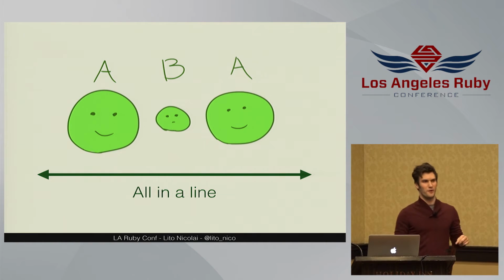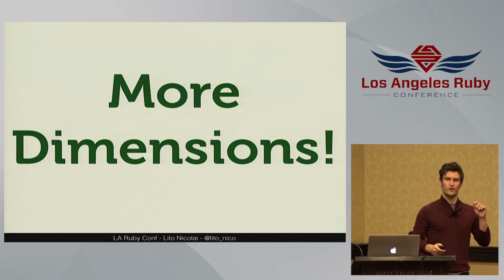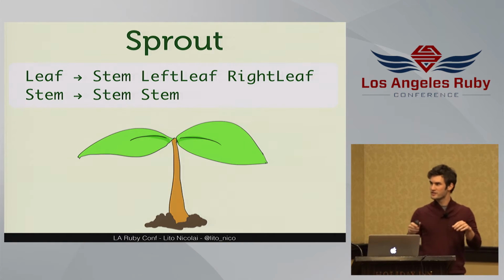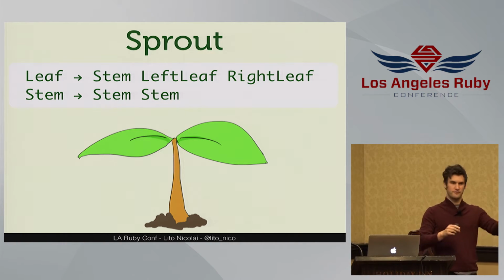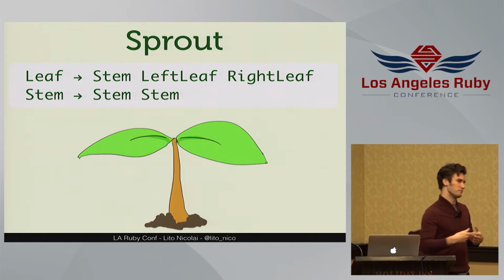But what I really want is more dimensions. So we're going to be talking about sprouts, like a little tiny tree that starts with a leaf, and each leaf branches off into a stem and a left leaf and a right leaf. And each stem just gets longer.